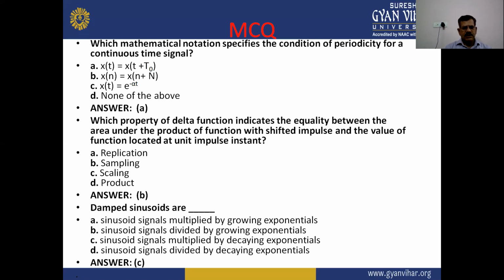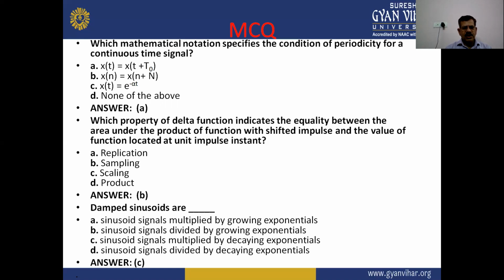In the next question, damped sinusoids are. Option A, sinusoidal signals multiplied by growing exponentials. Option B, sinusoidal signals divided by growing exponentials.